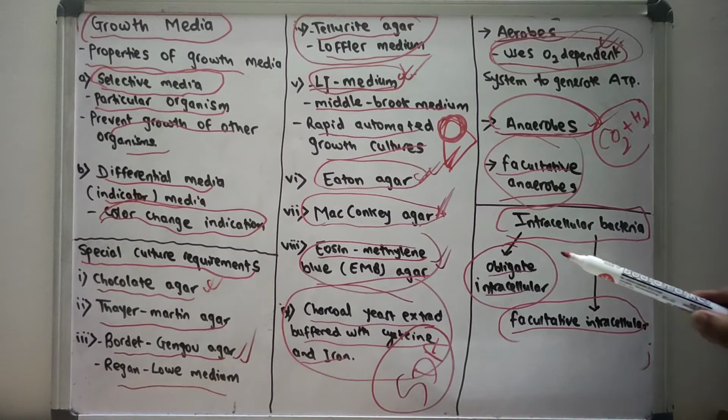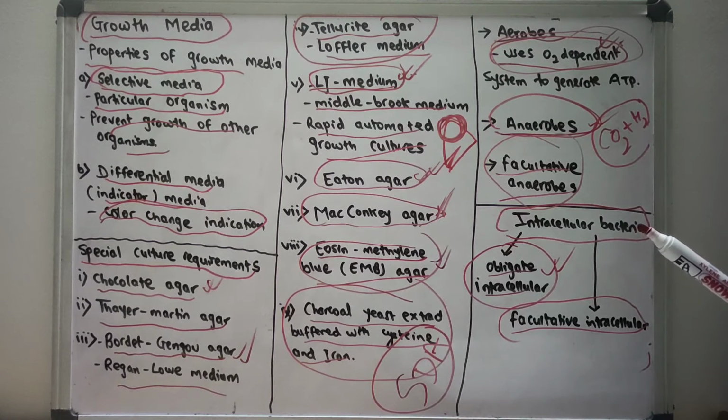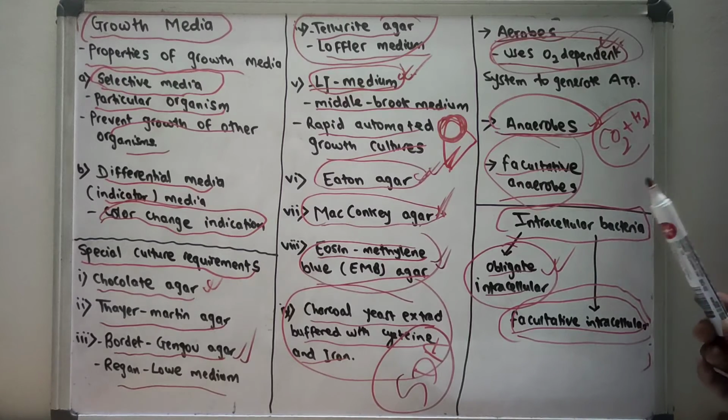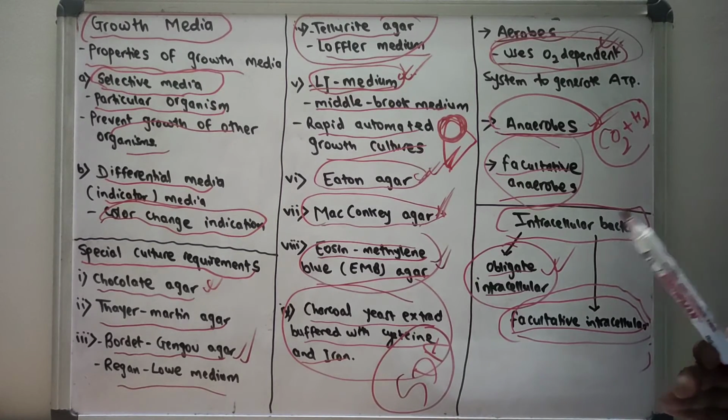Examples of obligate intracellular bacteria are Rickettsia, Chlamydia, and Coxiella. They rely on the host ATP. Whereas Salmonella, Neisseria, Brucella, Mycobacterium, Listeria, Francisella, Legionella, and Yersinia pestis are examples of facultative intracellular bacteria.